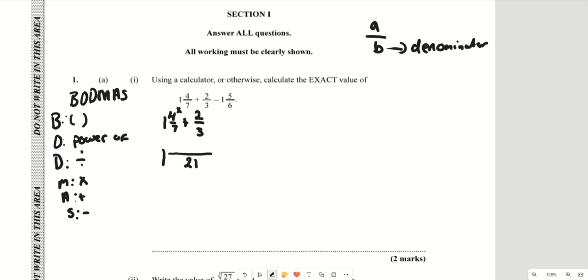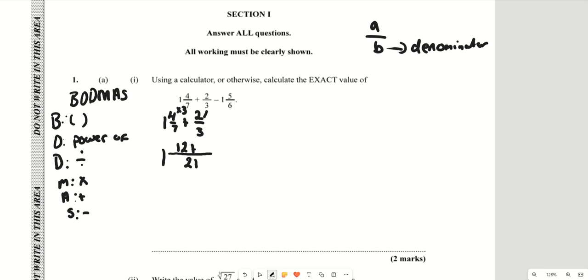So I multiply my numerator of that fraction by 3. 4 3s are 12, so 12 is going to come here, and then you're going to have plus. Then you compare your next denominator with your LCM. How many times could 3 go into 21? 3 could go into 21, 7 times.